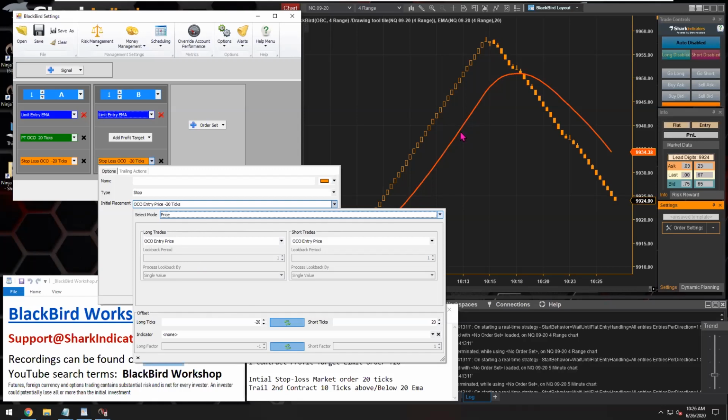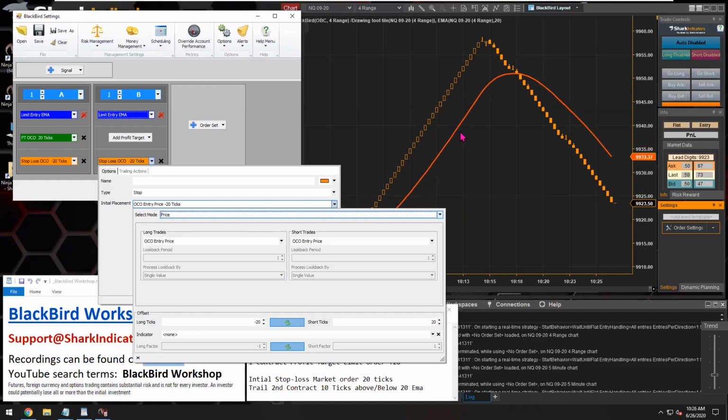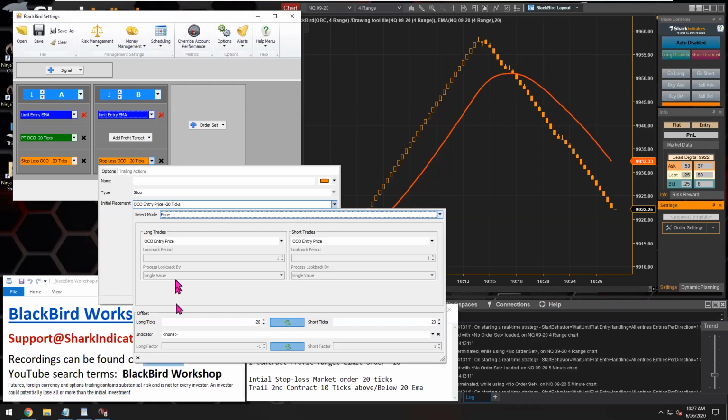A moving average is the actual price or the actual location for your order. So you set the actual price or location up at the top, and the offset section is literally, as it says, to calculate an offset from the price that's calculated up here in the main part of the menu, right?